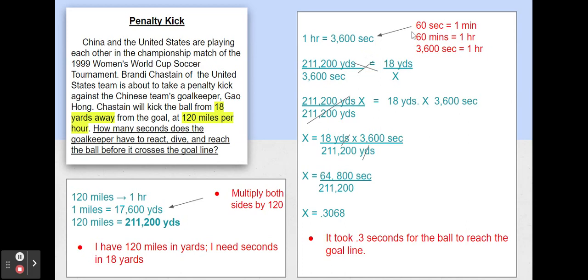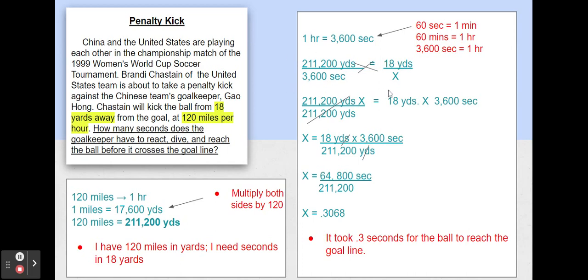So I need to figure out there's 60 seconds in a minute, 60 minutes in an hour, and I multiply those two together to figure out I have 3,600 seconds in 1 hour. So my students would have to know this as well in order to solve the problem here. So now I have how many seconds and how many yards that I need to solve this.